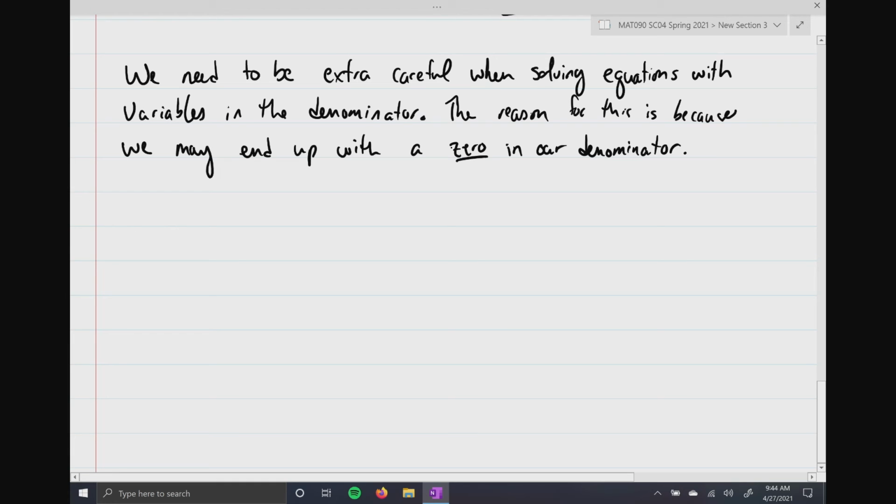All right. Here's our example. We're going to solve 2x over x minus 4 equals 8 over x minus 4 plus 1.